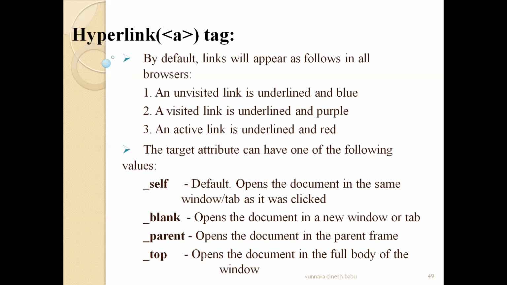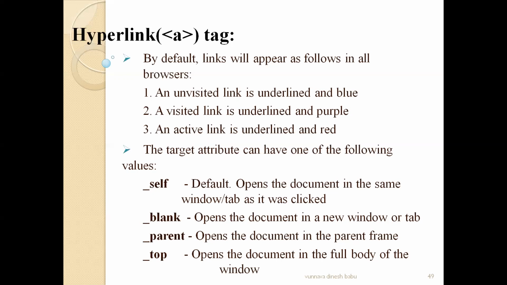When we give underscore blank, that link opens the target document in a separate window or a separate tab. Parent will open the document in the parent frame. And top will open the document in the full body of the window. So this is how the target attribute works. We can provide any one of these 4 values: underscore self, underscore blank, underscore parent, underscore top. Among all these 4, underscore self is the default value. Whether we provide it or not, it will be assigned by default for the target attribute.